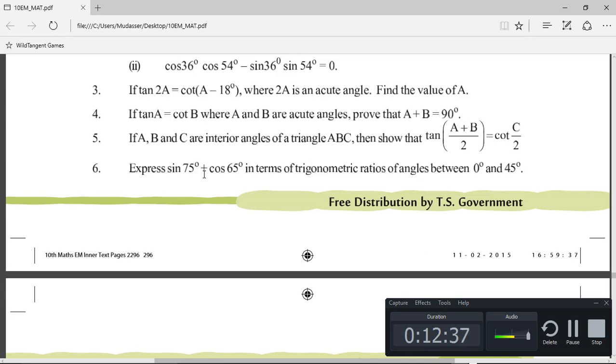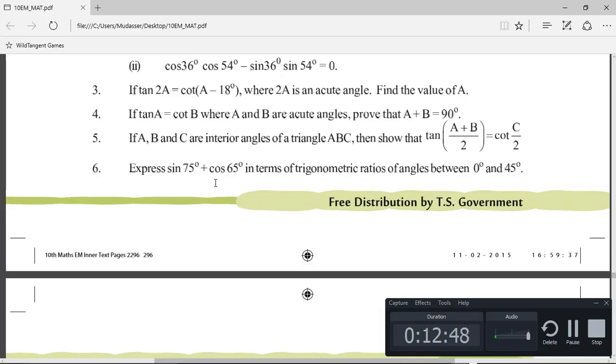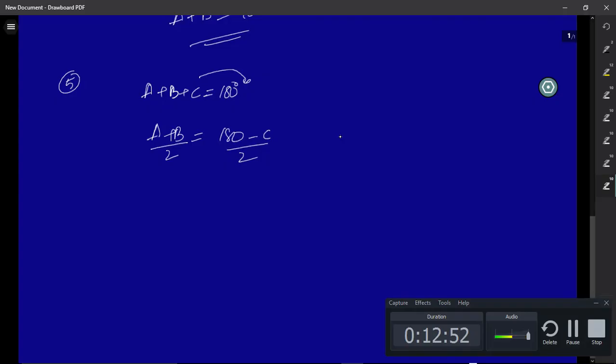Now, on the left hand side, what is given here? A plus B by 2. I have to show that tan of (A plus B) by 2 is equal to cot C by 2. So I'll take by 2 on the left hand side and also on the right hand side. And then it wants me to find the value of tan of (A plus B) by 2, so I'll apply tan on both sides.